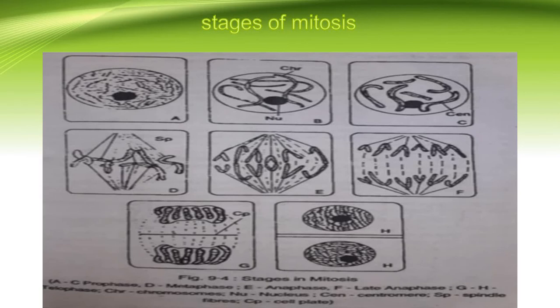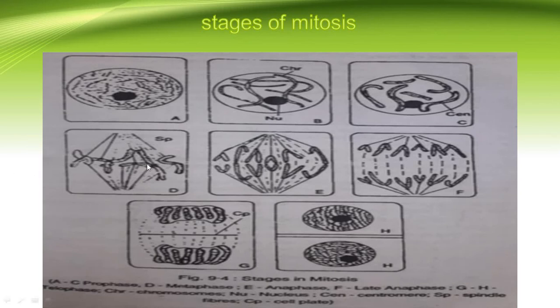Then anaphase, E. After metaphase we have E, anaphase. Ana means up. You can see the chromosomes at the center, and in anaphase they are moving up. You can see the splitting of the sister chromatids of the chromosomes in the anaphase, and they are moving away from the equator.